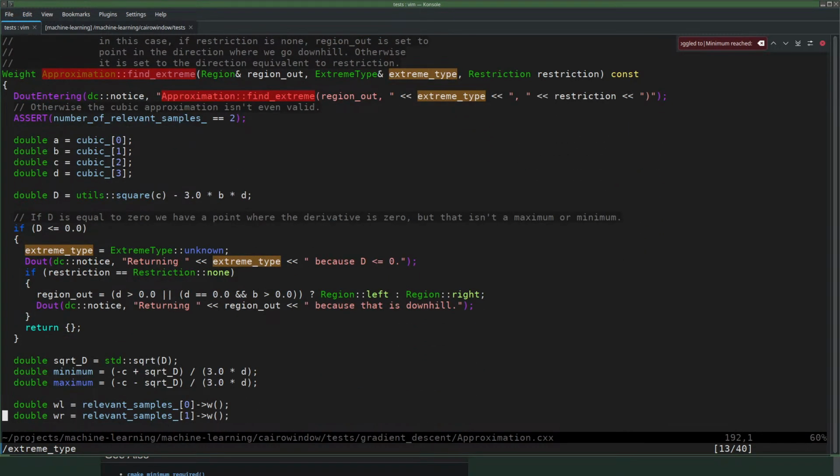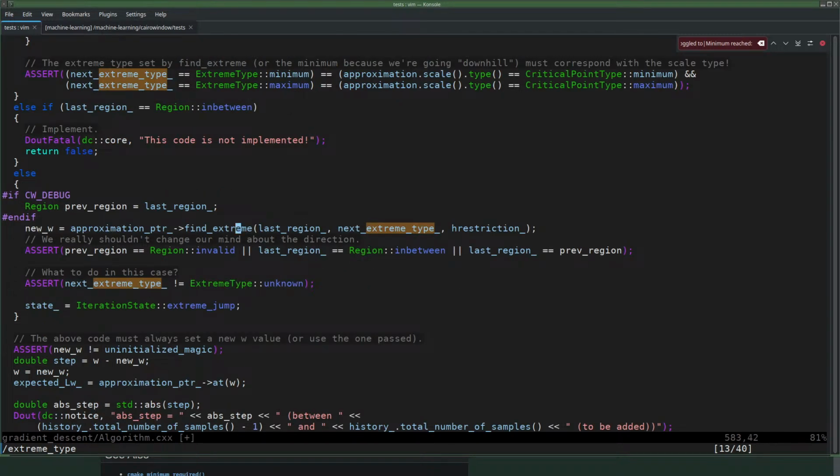Well, it sets it to unknown here, for example, and then returns garbage. Wait, what did I want to know? Yeah, new W is, I mean, if this extreme jump is set, then this must be a jump to an extreme, which is definitely not the case if the next extreme is unknown.